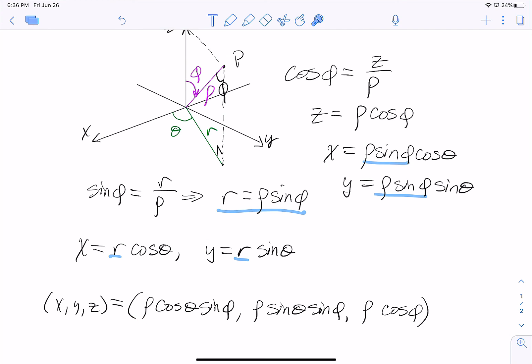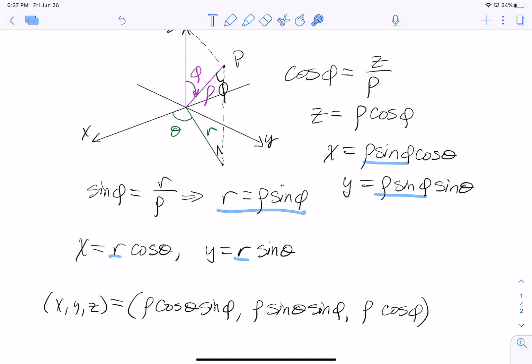Here's what I remember. Rho is going to be associated with x, y, and z, right? And we know that from cylindrical coordinates, x is associated with the cosine of theta and y is associated with the sine of theta. Somehow I need you to work on remembering that for x, you have a mix of cosine theta and sine phi. Then that might help you remember that for y, it's the sine theta and sine phi, but really where it's different is that z uses the angle phi, but it's the cosine.